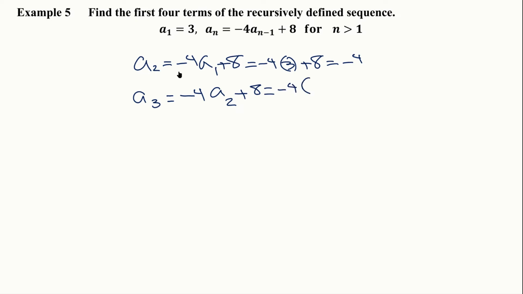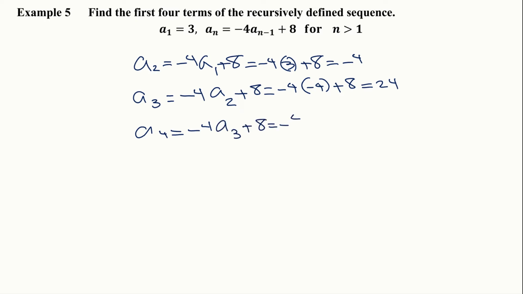We know what a2 is. a2 is negative 4 plus 8. So that's going to be positive 16 plus 8. So that is 24. Okay. So what about a4? Well, that's going to be negative 4 times a. 4 minus 1 is 3. So a3 plus 8.